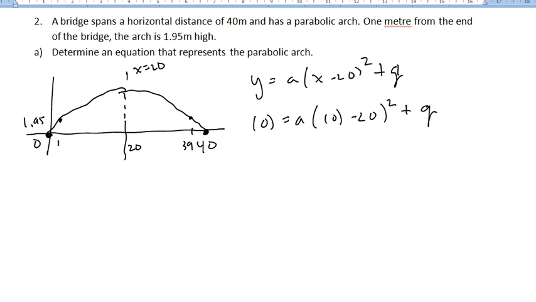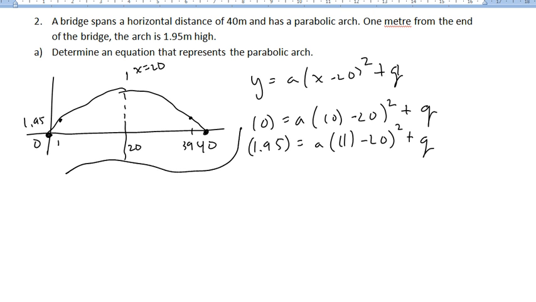And the other one we can use is (1, 1.95), so y equals 1.95.